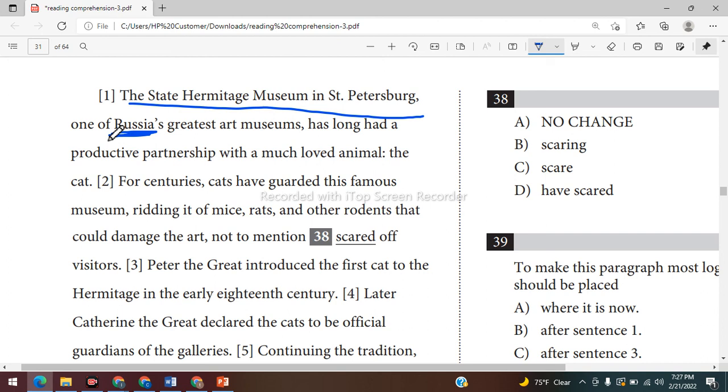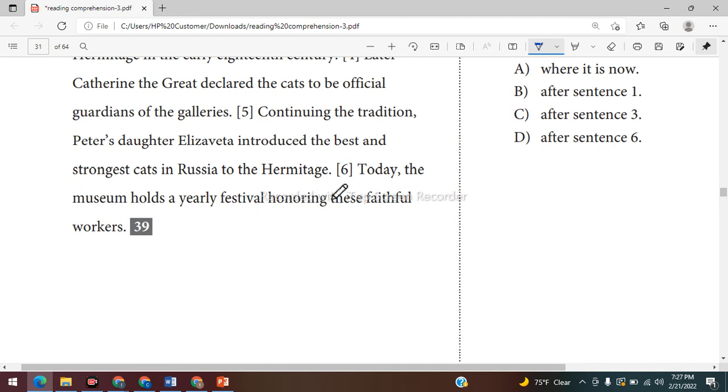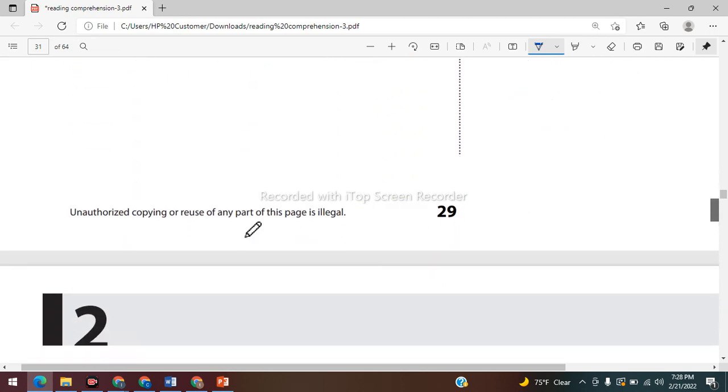Anyway, so this is one of the greatest museums, right? And they feature cats. They talk about the history, how different persons who were running the museum had the cats featured, and then how even today the cats are still featured and placed in preeminence.